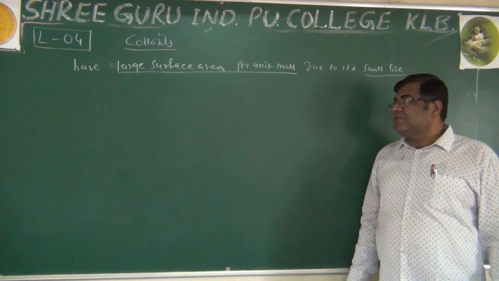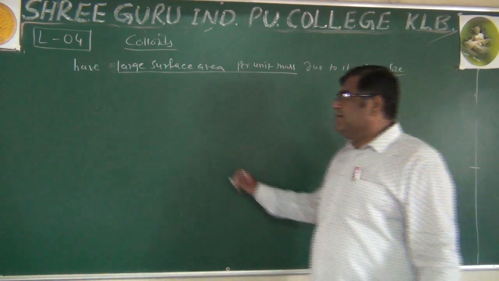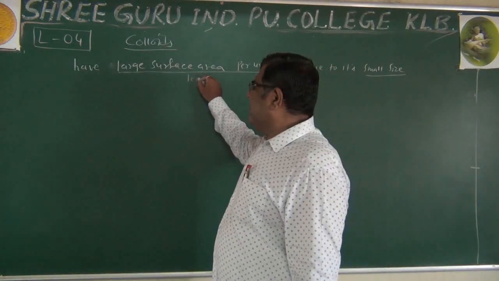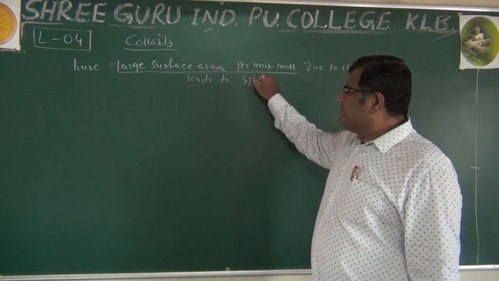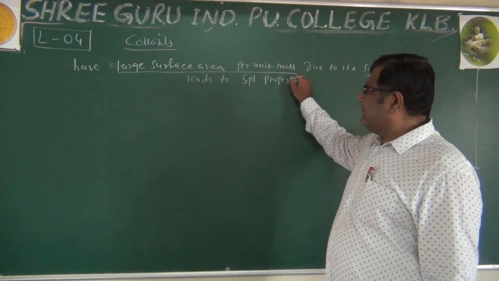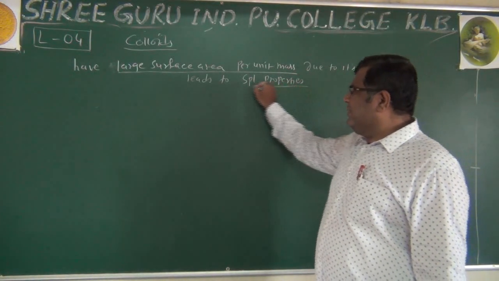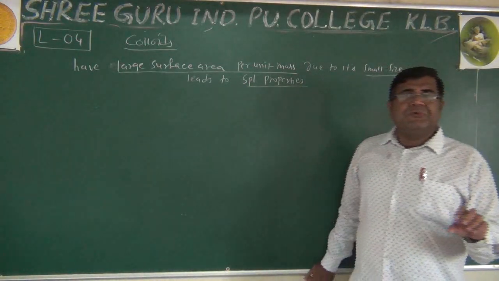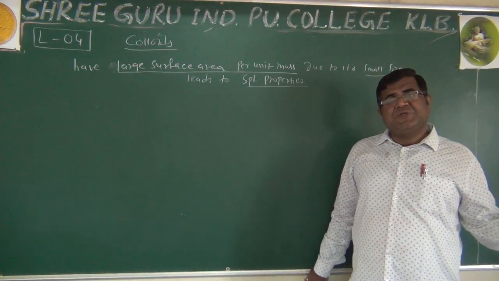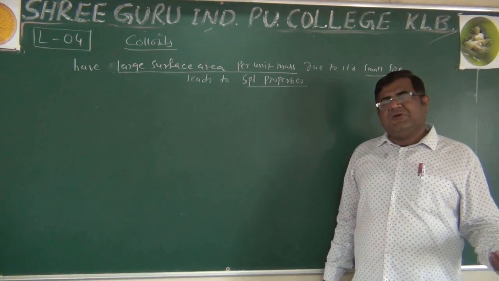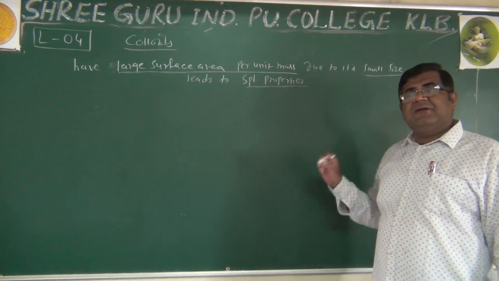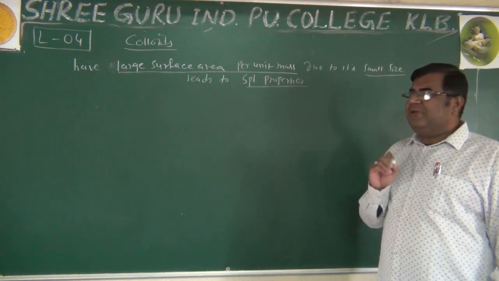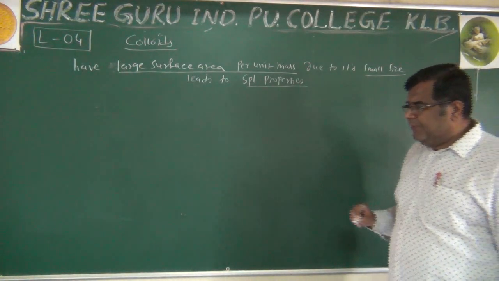That's why they have large surface area per unit mass. And this large surface area leads to some special properties. I told you that those properties are not present in solution, and not present in suspension. Unique properties because of the unique particle size and the dispersion in the medium.